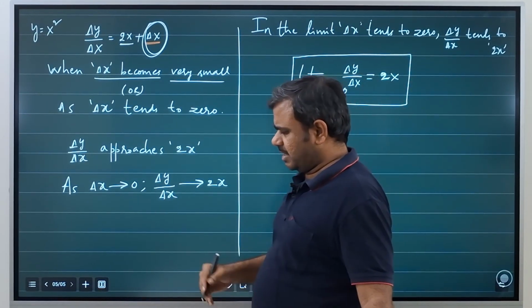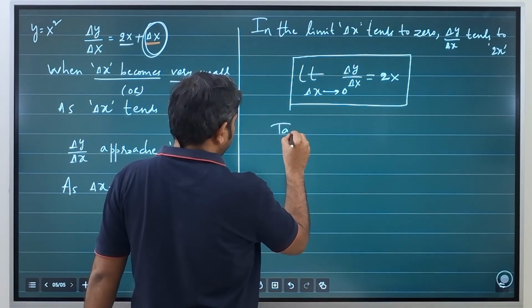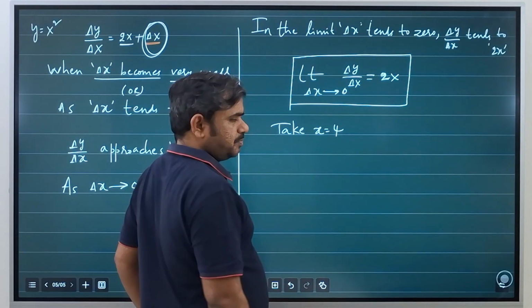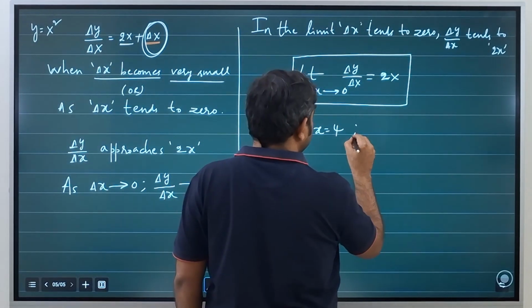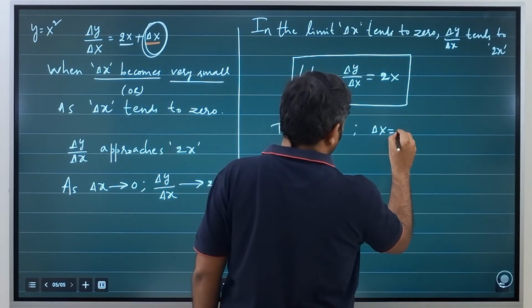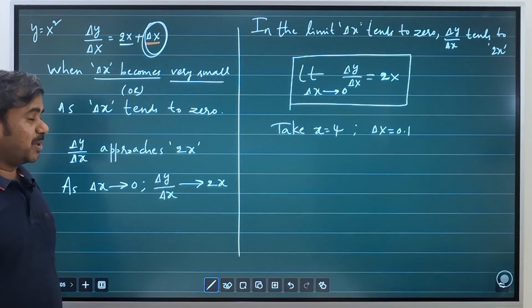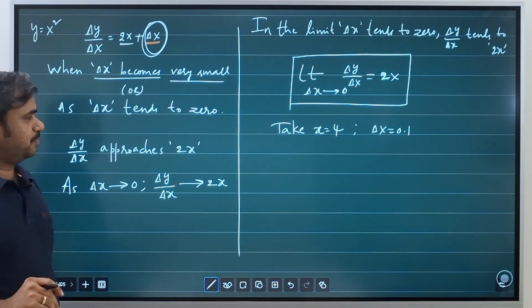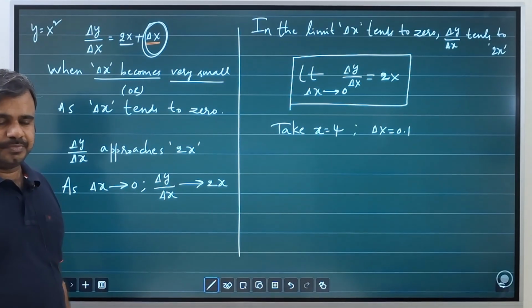I'll take, say, x is equal to 4, and take delta x is equal to 0.1. Small change in x, but not very small, not too small to call it delta x tends to 0.